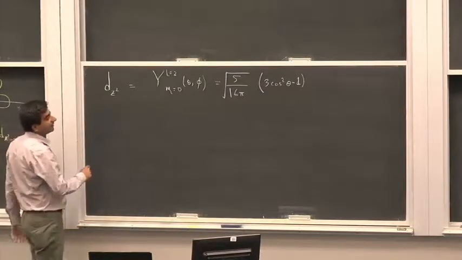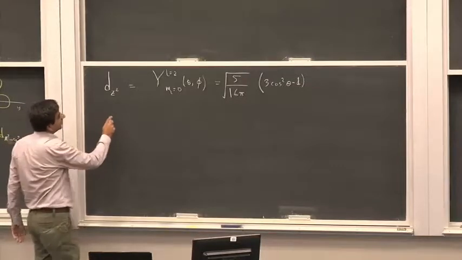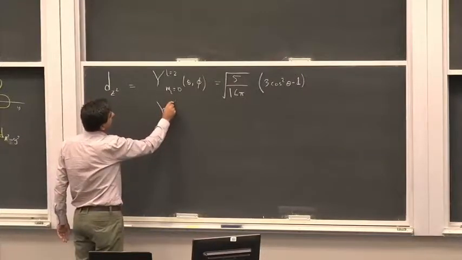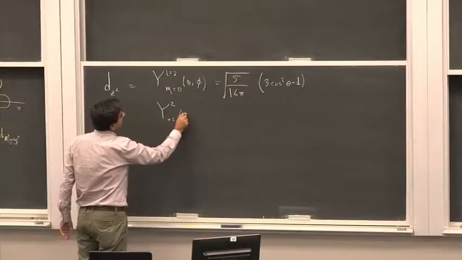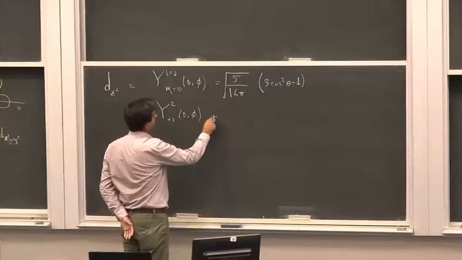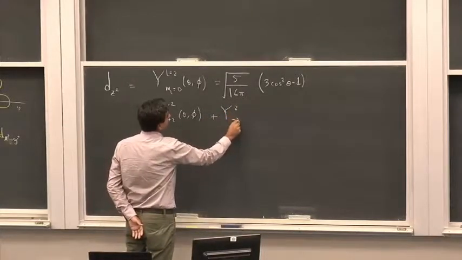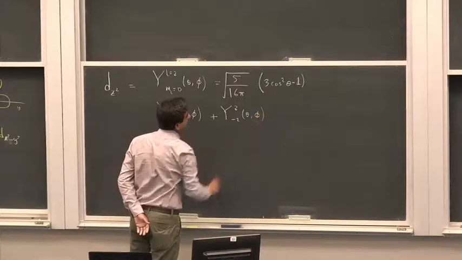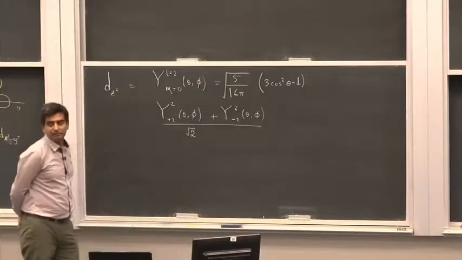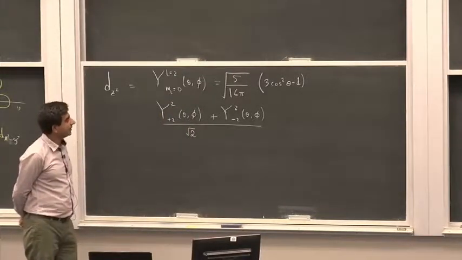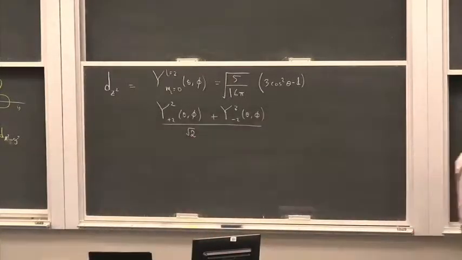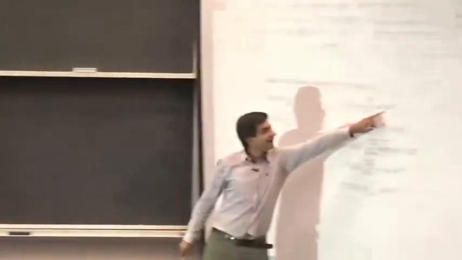Now you will notice that if I take Y2 plus 2 of theta and phi, and I add to this Y2 minus 2 of theta and phi, and for normalization I divide this by root 2, on its own Y2 plus 2 corresponds to this thing over here, and it has a complex number.